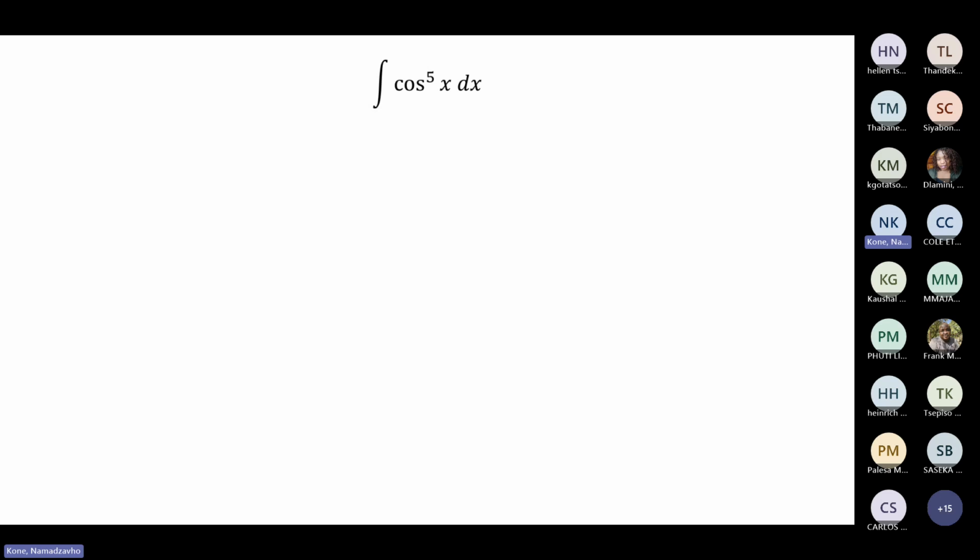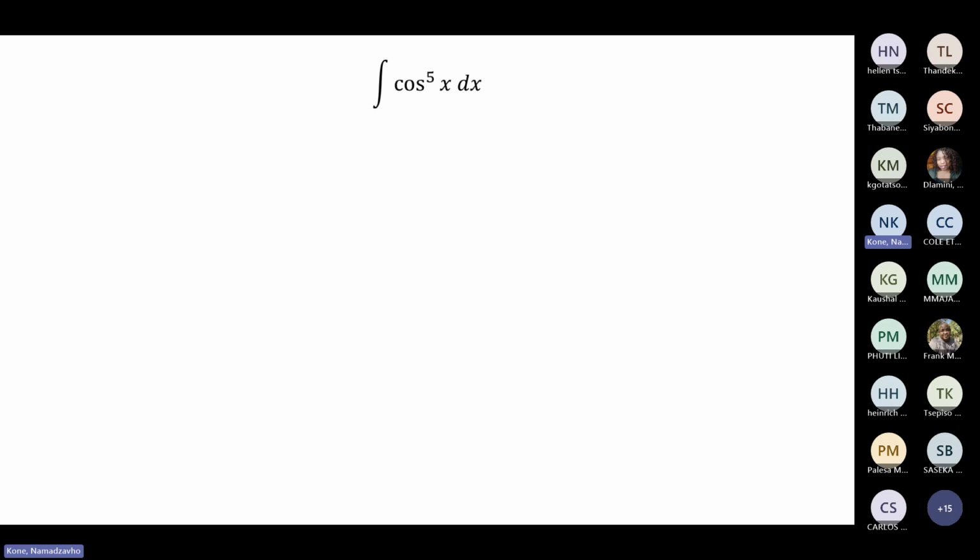Now, the power of 5 does not give us that option of dealing with square identities, because 5 is an odd number. So the suggestion that I can make here is, how about if we separate this power of 5 into cos power 4 times cos, as it is.